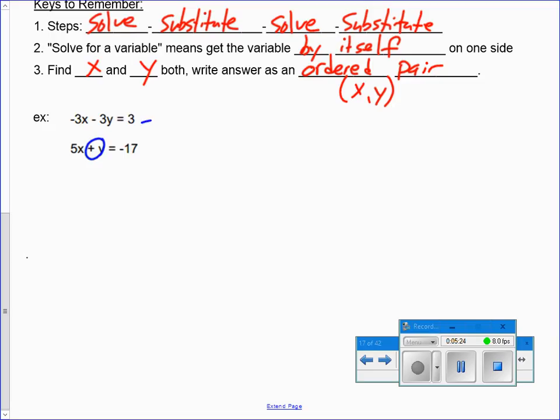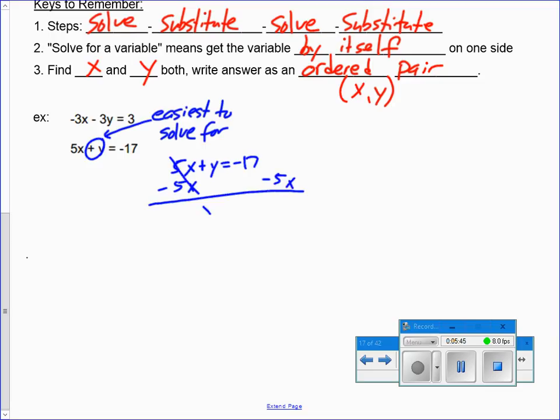So here I'd say this y is probably the easiest to solve for. So what I would have to do to solve for that, the only thing I have to do is subtract 5x. Remember that 5x is not a like term with negative 17, so we don't combine them on the other side.